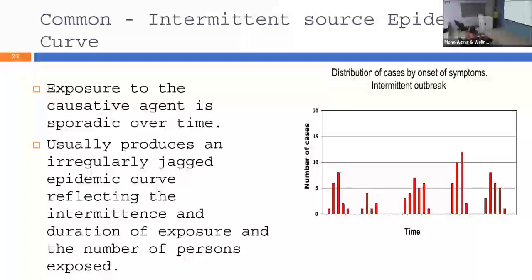For the common source intermittent now, they have exposure to the causative agent, but the exposure is more sporadic, and the peaks look jagged and at different times. We use the same word, intermittent, you know, several, but there's a break in between that reflects the intermittent exposure.